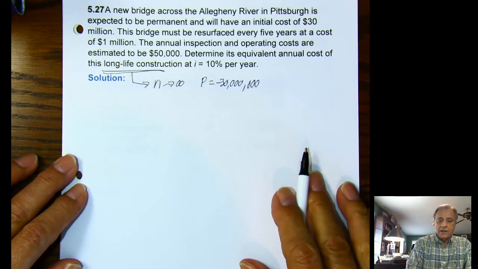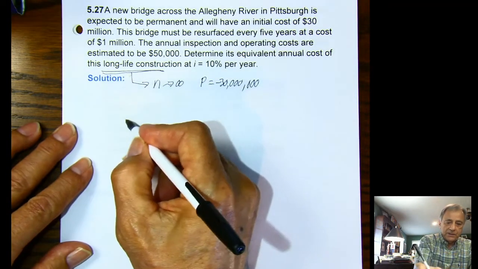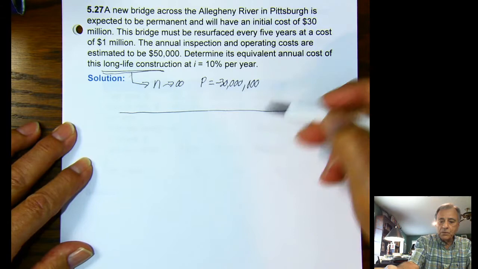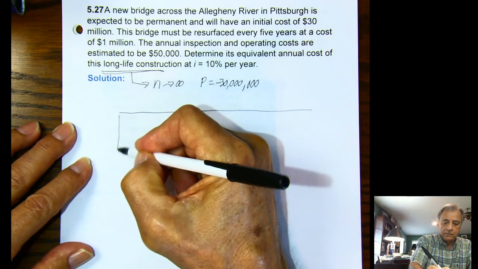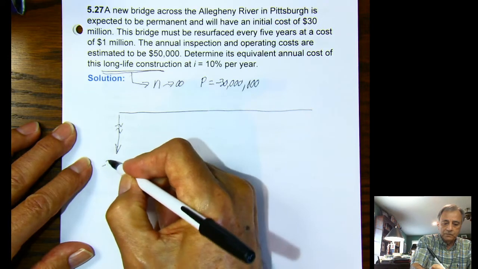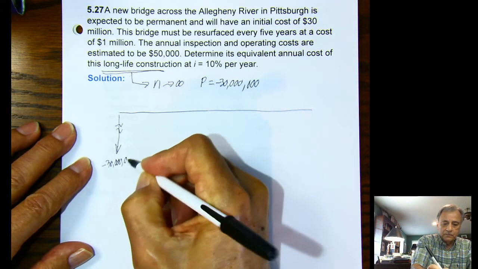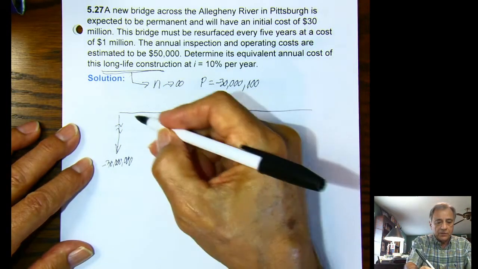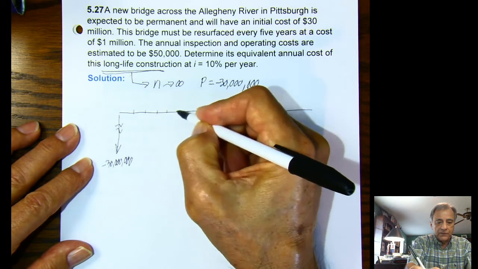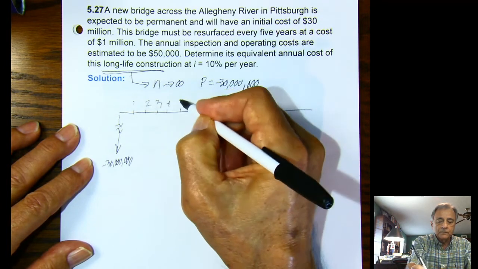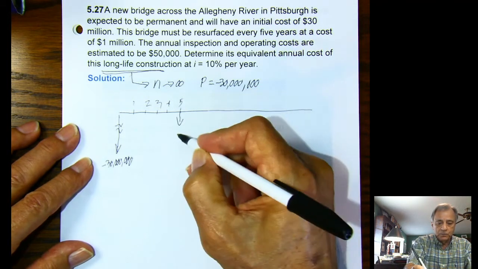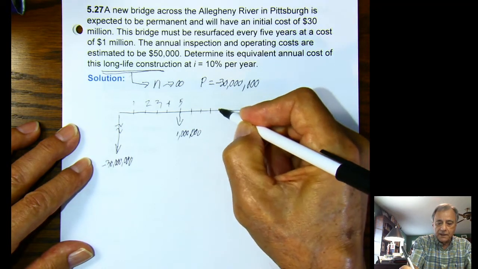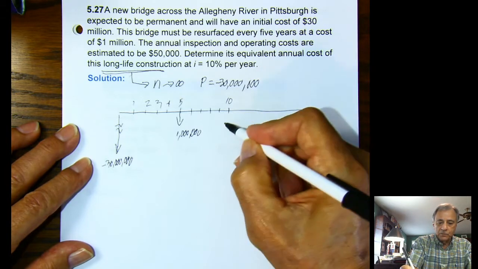Then let's draw this up so we can kind of visualize it. It always helps. I'm going to go through what we're given. The 30 million is here. Then every 5 years, it's going to be resurfaced at 1 million. So we got 1, 2, 3, 4, 5. You got 1 million. And then that happens again at 10, 1 million.